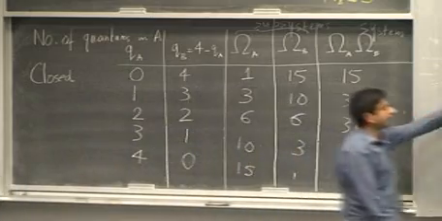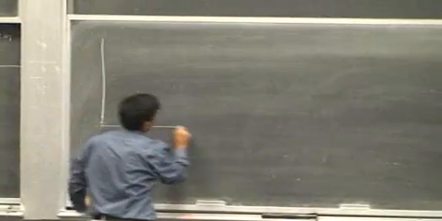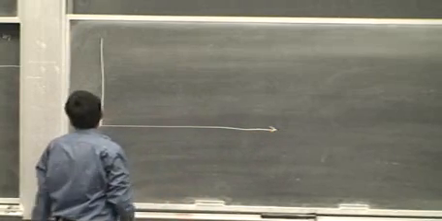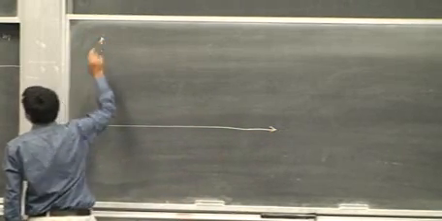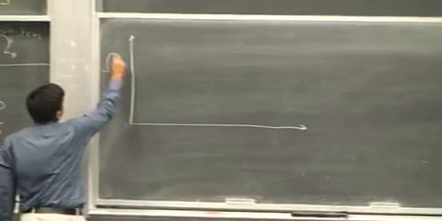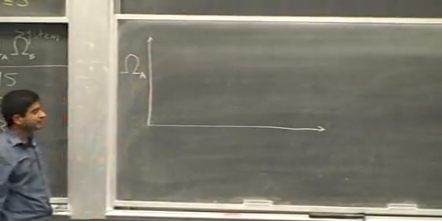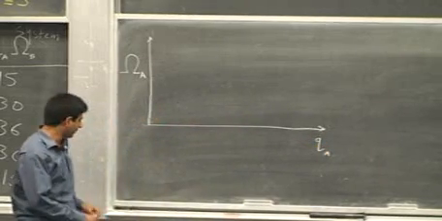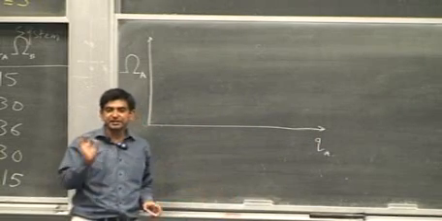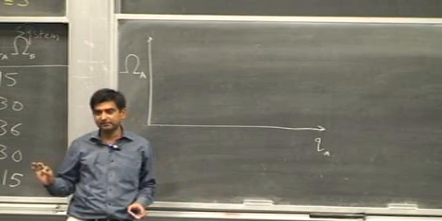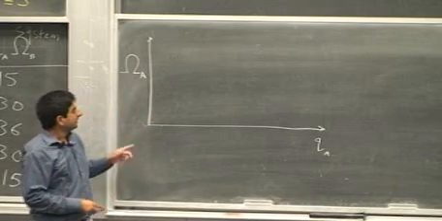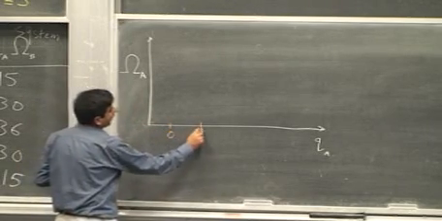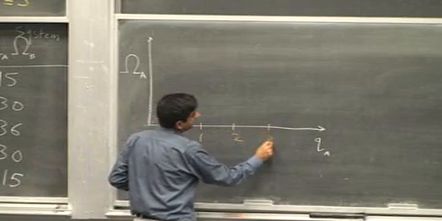Now if I would like to make a graph of this, let's first make a graph of omega A versus QA. I'm going step by step so that you follow each and every step. I'm not going to miss out any details because this is very important. Now QA can be 0, 1, 2, 3 and 4.